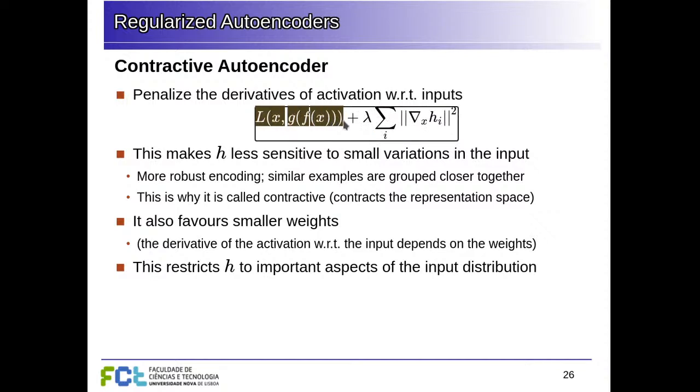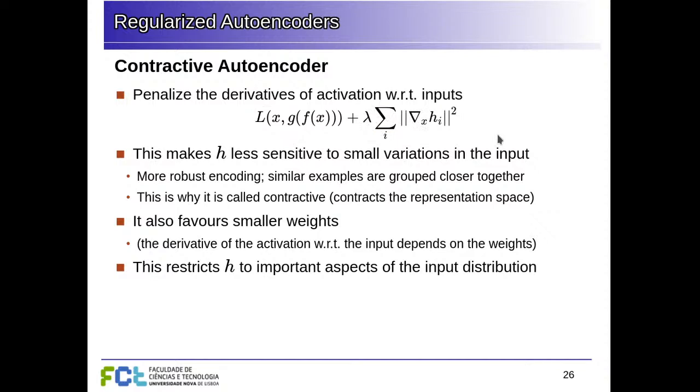This is the original loss function, which is just the reconstruction of the input in the output, but we also add here a small fraction of the sum of the squared gradients of the hidden layer representation, so that representation at the center, which is the one we are interested in, with respect to the inputs. So we are computing the gradient with respect to the input values. What this means is that if our representation changes too rapidly with small changes in the input, this will result in a larger penalty on this term.